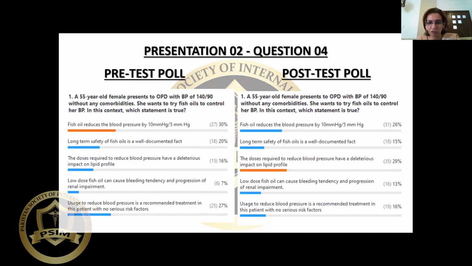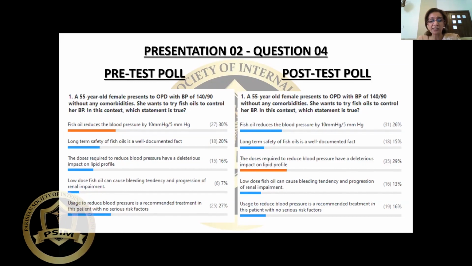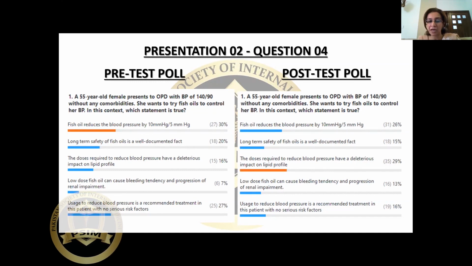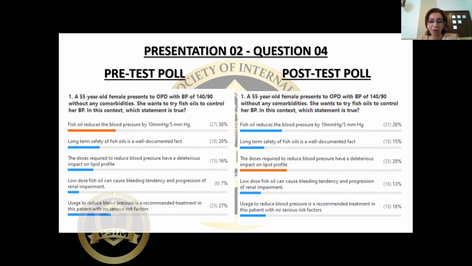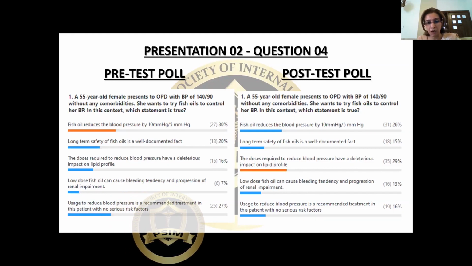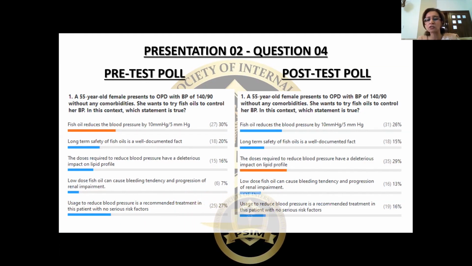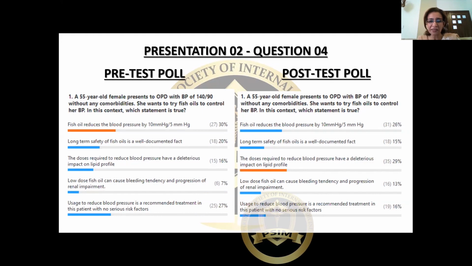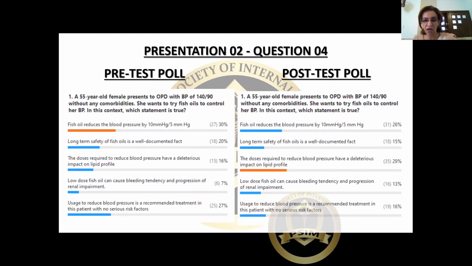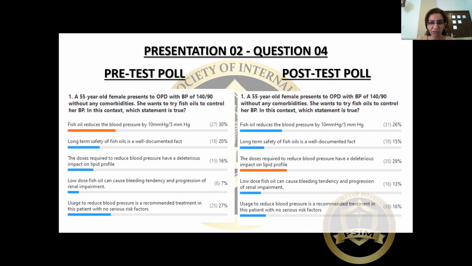We got most people to give this answer, and this is the correct answer, because as I mentioned, we require very high doses of more than 3.7 grams per day. But in these doses, there is an impact on the lipid profile, renal impairment, and a bleeding tendency. Low-dose fish oil does not cause these effects, and it is not recommended. So the answer is the third one, which most of the participants answered correctly.